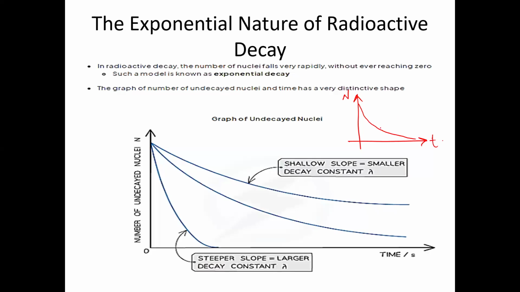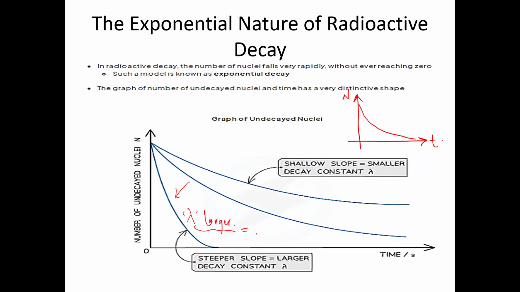They are decaying exponentially. If we have a much steeper slope, like you can see in this specific graph, this shows that its decay constant is larger. And if the decay constant is larger, what does this mean? This means there is going to be high activity, more nuclei are going to disintegrate in a shorter time.